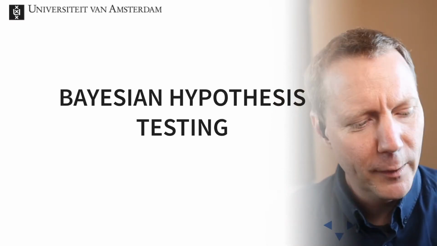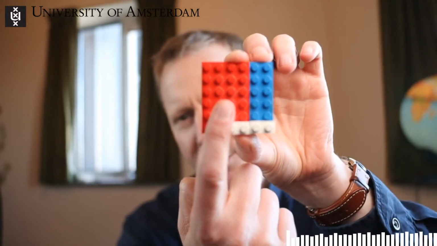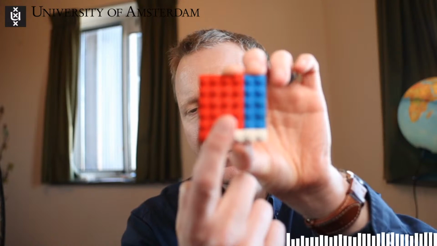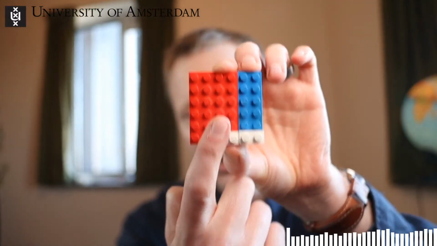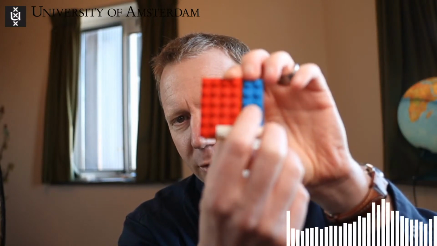When we looked at the Lego example, we were comparing our alternative hypothesis, in terms of drawing such a distribution, to not having that distribution. So sometimes you want to compare competing hypotheses.